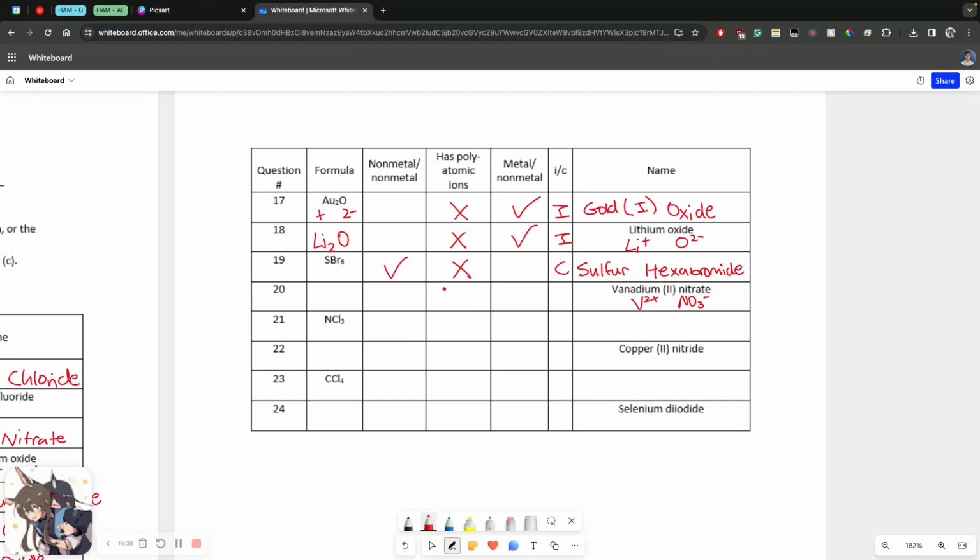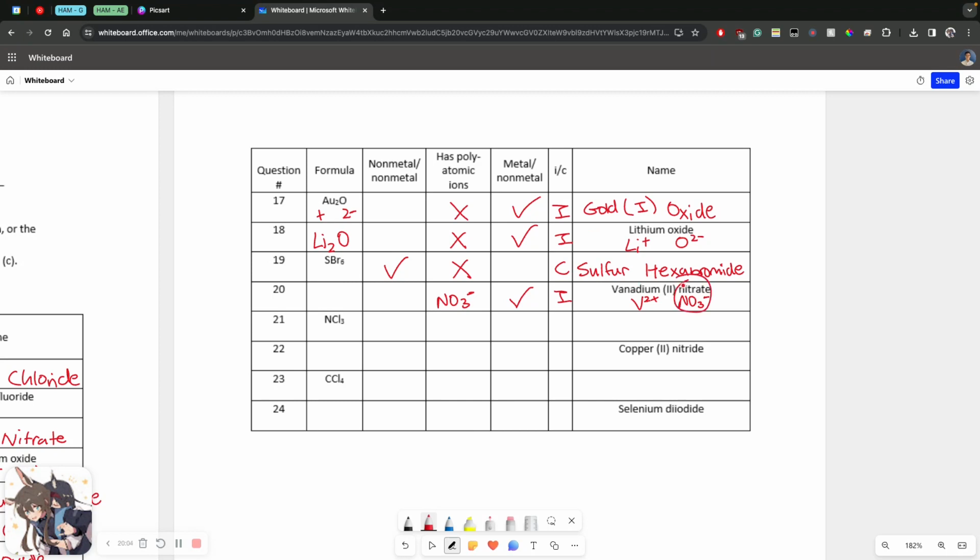So we can go ahead and answer this by saying it is indeed a metal non-metal and ionic. And the polyatomic ion here is nitrate, NO3 1 minus. For every 1 vanadium ion or atom with a 2+ charge, we have 2 nitrate polyatomic ions with 1 minus charges each.